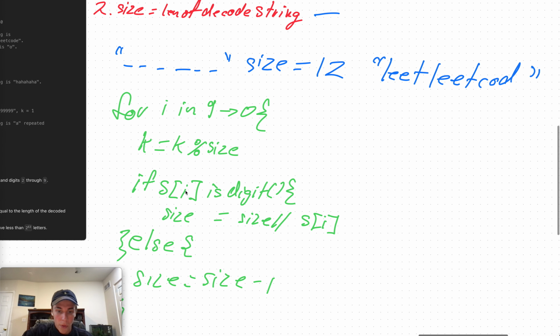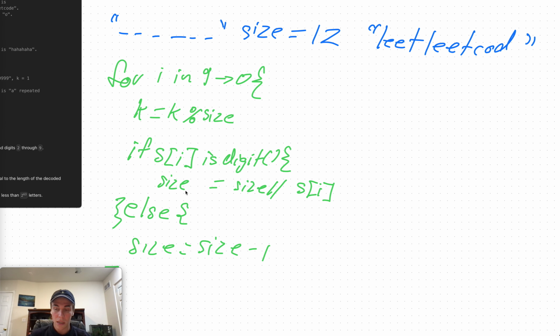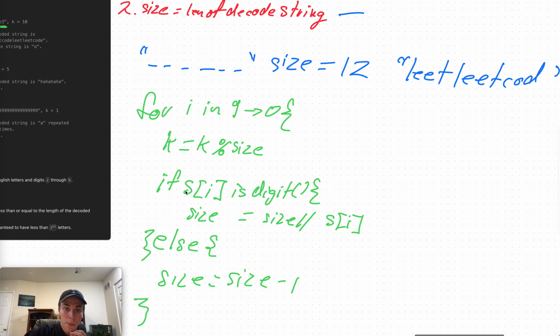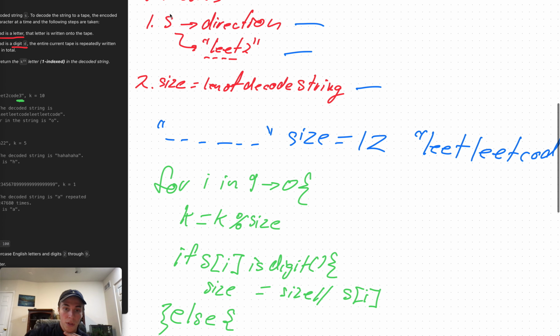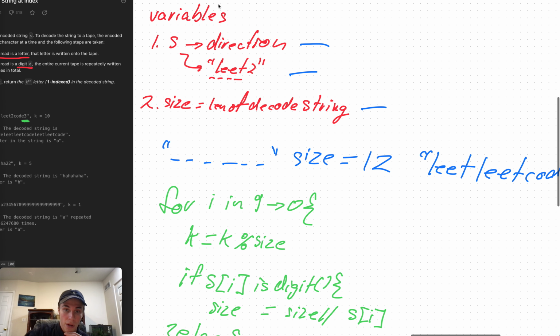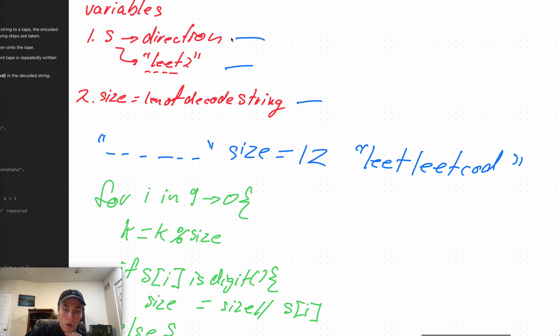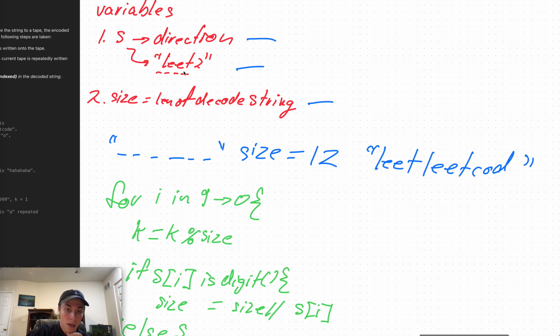So now that I have leetcode, see how the input string s right here does not correlate to what the actual size is pointing to. The size is pointing to a completely decoded string that doesn't have these 2s and 3s and directions in it.